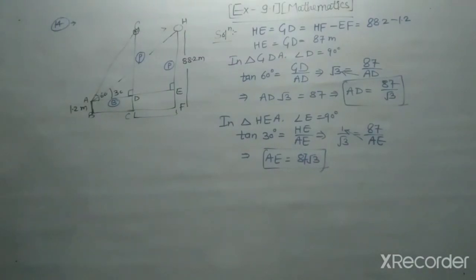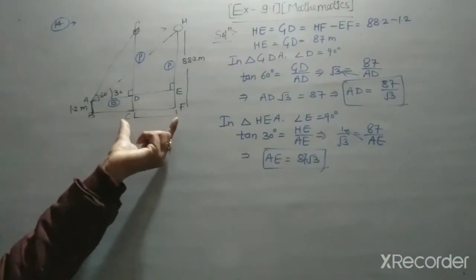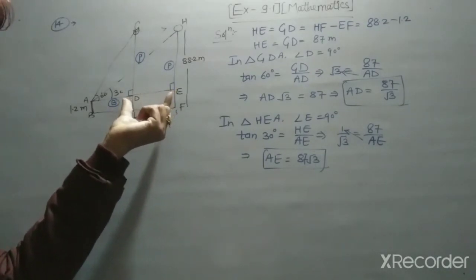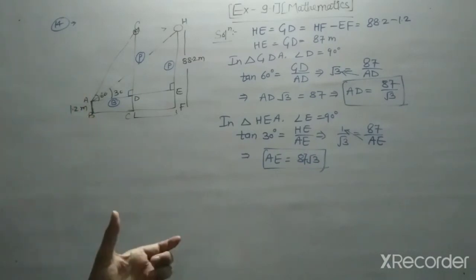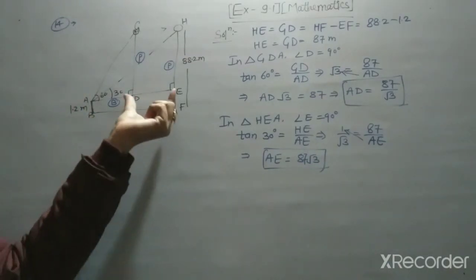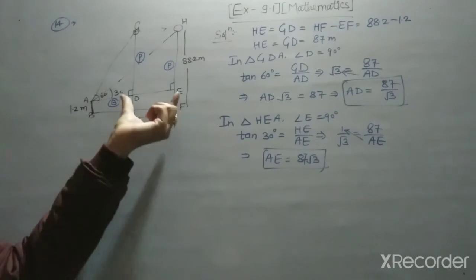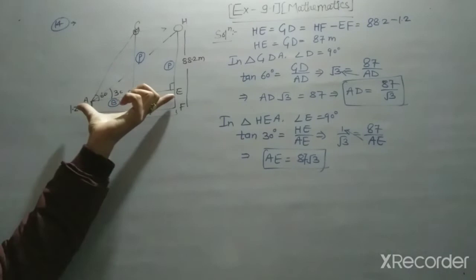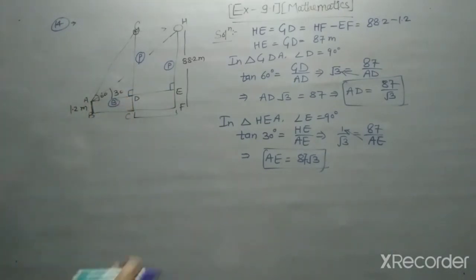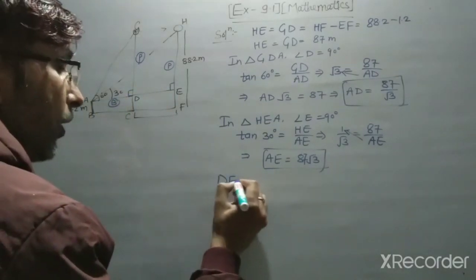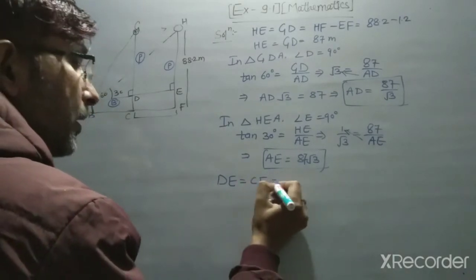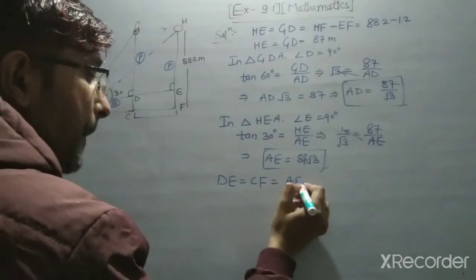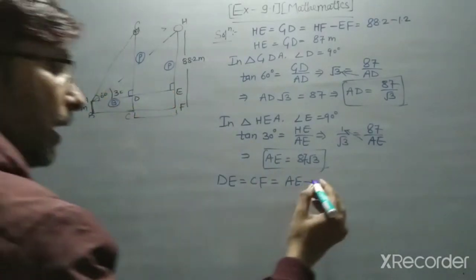But we have to find here the value of CF, or we can say DE. Okay, so you have to find the value of CF or DE. How to find the value of CF or DE? With the help of these things, AE minus AD. So CF is equal to AE minus AD.